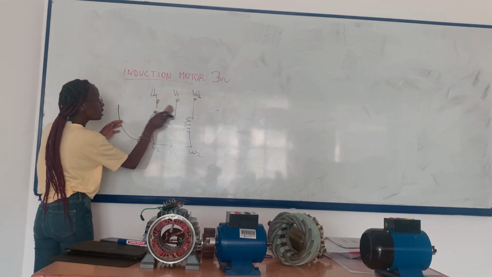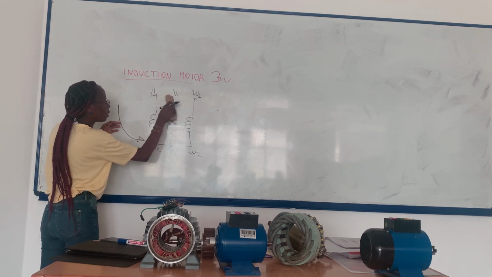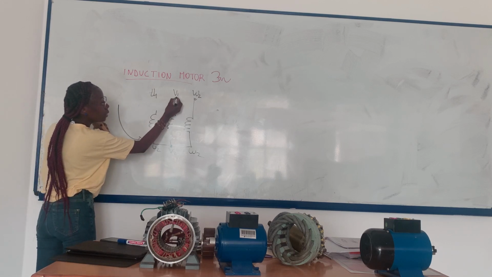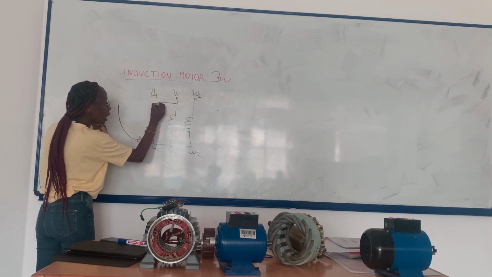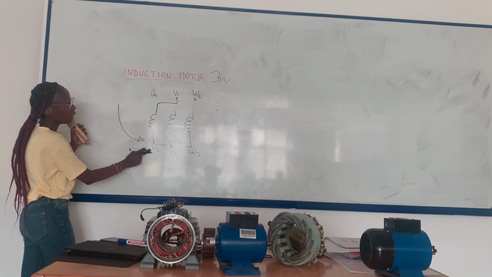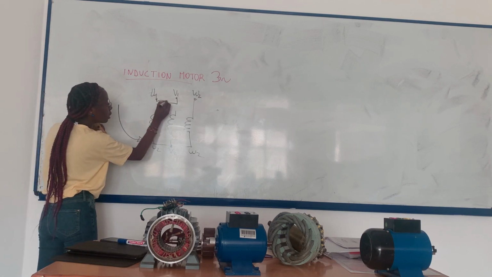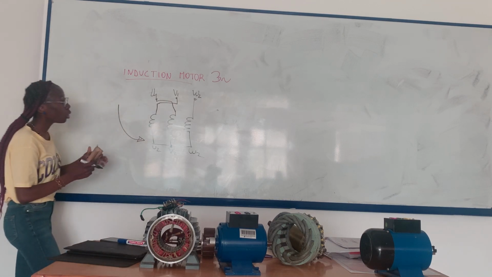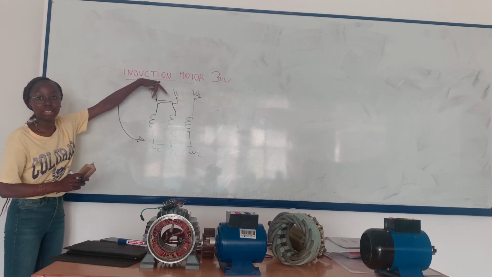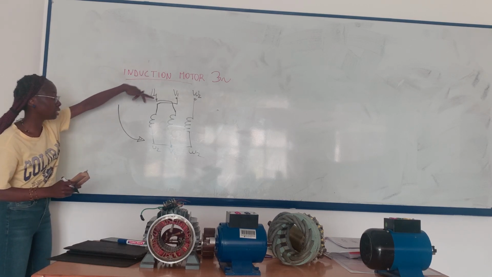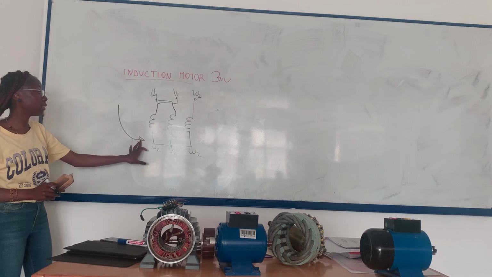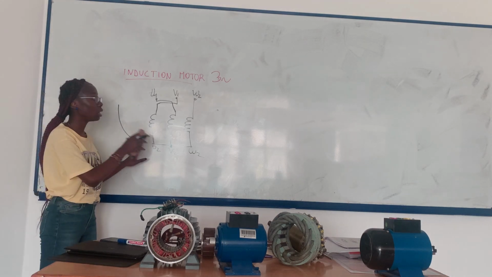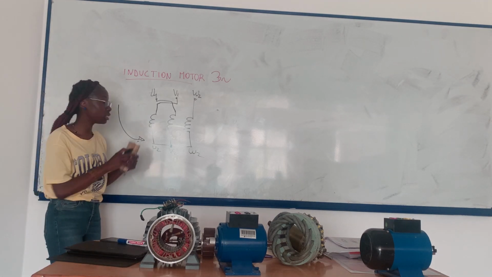We put, for example, V1 on this line, and V2 is here. So when we change the input voltages, we have a different direction of rotation in our motor.